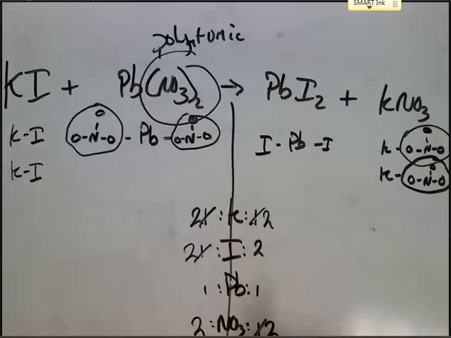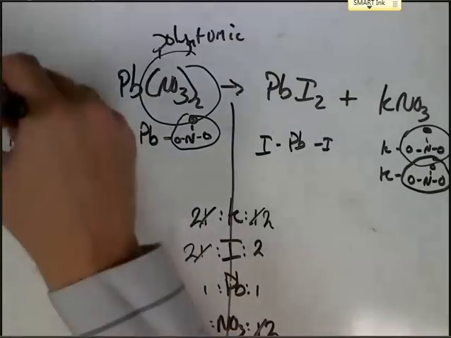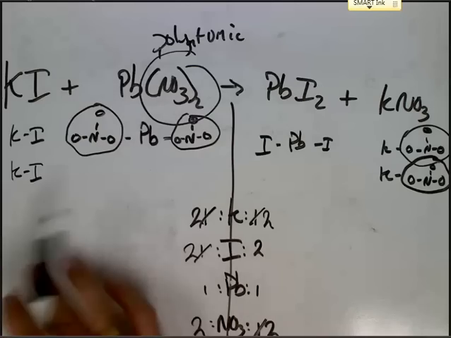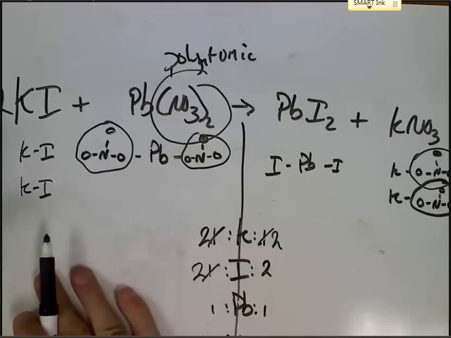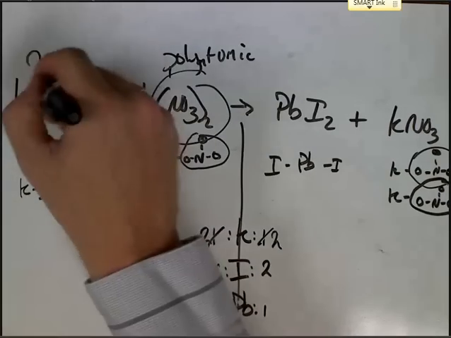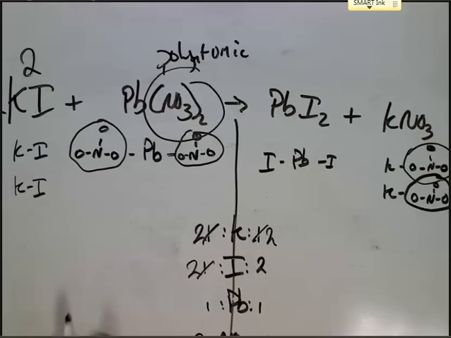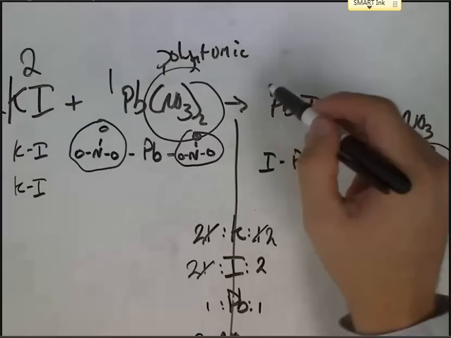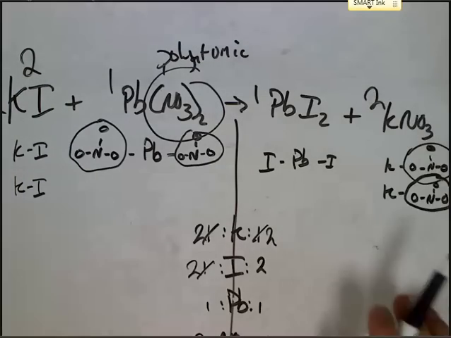So always make sure that you've gone back and you've updated every single thing after you make a change like that. Now we have 2 and 2, 2 and 2, 1 and 1, 2 and 2. We have 2 of those. Ooh, can't see that. Let me, that's your coefficient. 2 of those, 1 of those, 1 of those, and 2 of those.